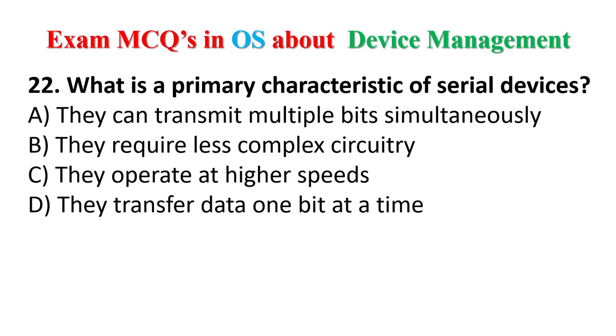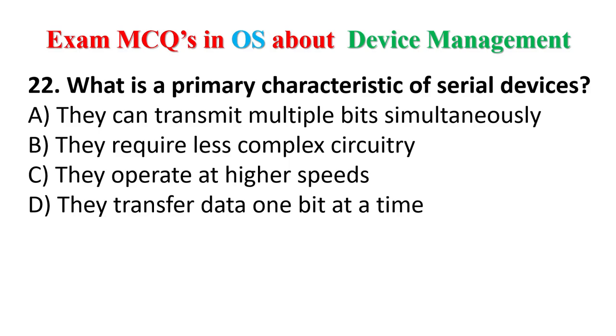22. What is the primary characteristic of serial devices? A. They can transmit multiple bits simultaneously. B. They require less complex circuitry. C. They operate at higher speed.